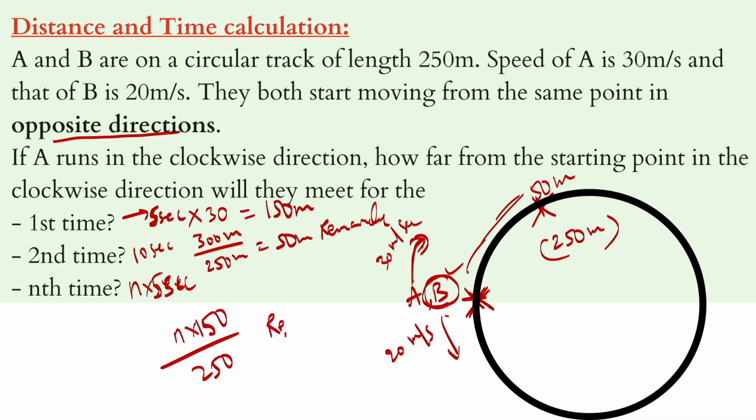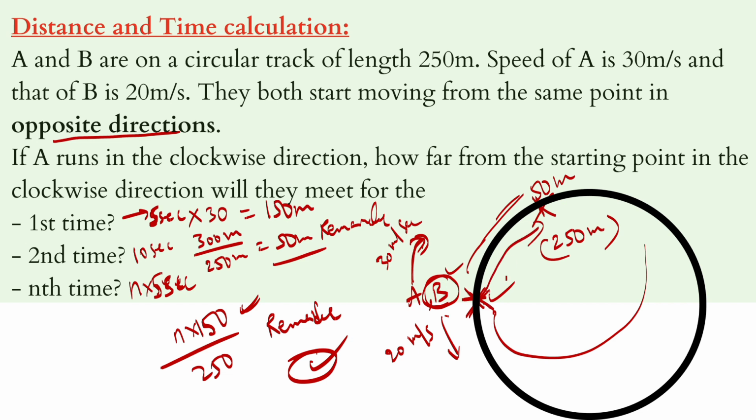Now the remainder, yes, this remainder tells us how far in the final lap B is, right? So the remainder we get tells us how far in the final lap this guy is. Now this 50 meters will tell us in the final lap how far B would have gone. From here to here again, this will be 250 meters, right?